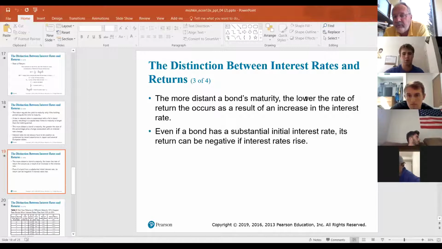So the further out the bond, the more risk there is associated with interest rates. If you've got a bond that matures in 6 months' time, there's not a lot of risk associated with 6 months from now. But if you've got a bond that's maturing in 30 years, you've got some major risk.